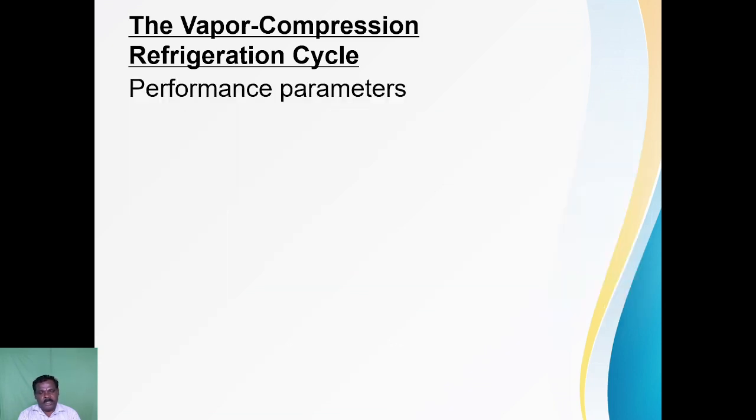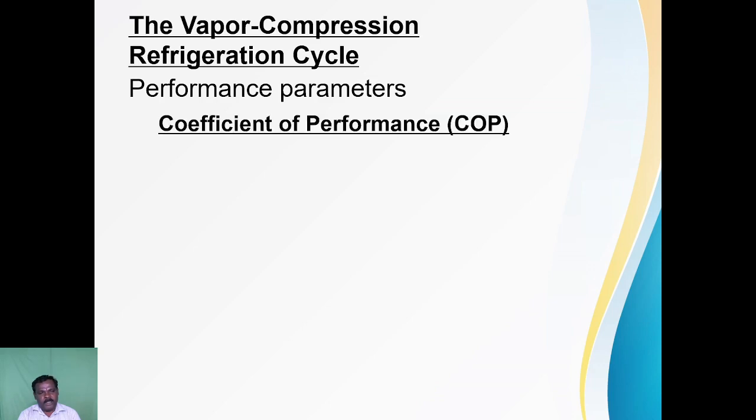In each and every case, we should know the efficiency of each cycle. But in the vapor compression refrigeration cycle, we don't call it efficiency, it's COP. COP means coefficient of performance, which is output divided by input. What is the output here?